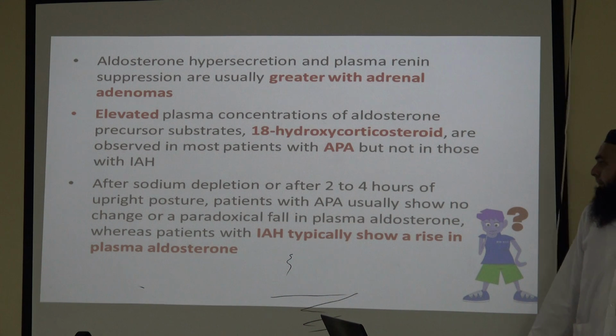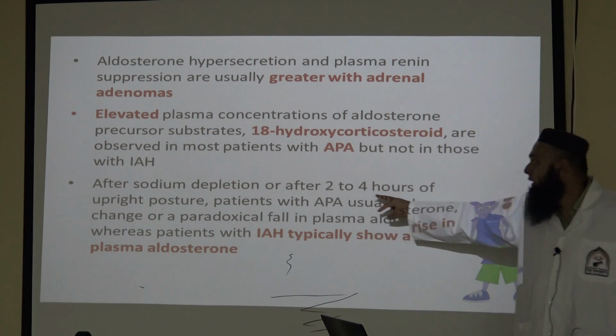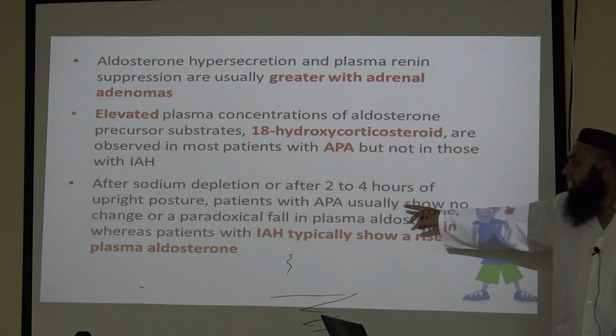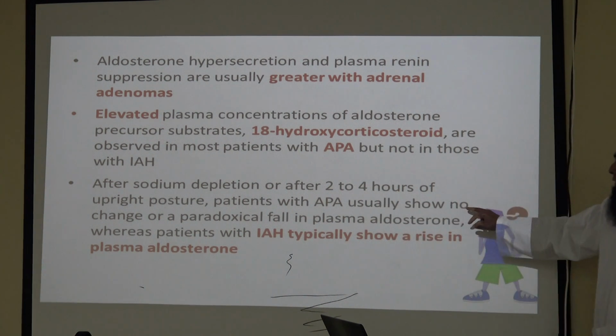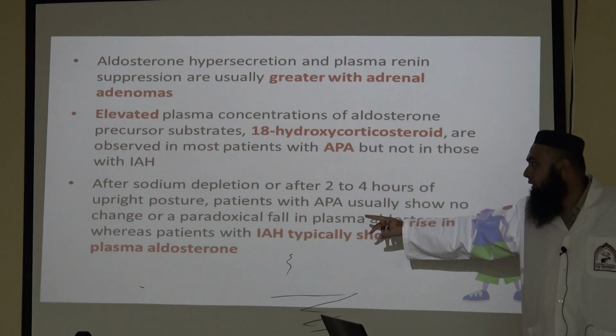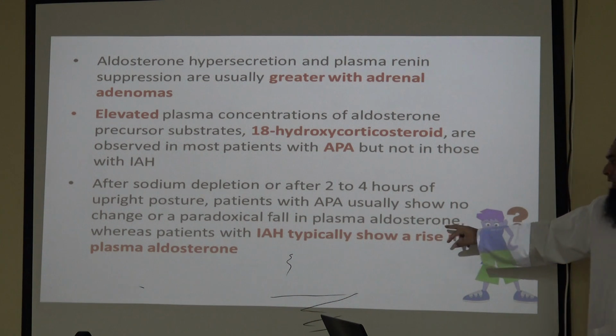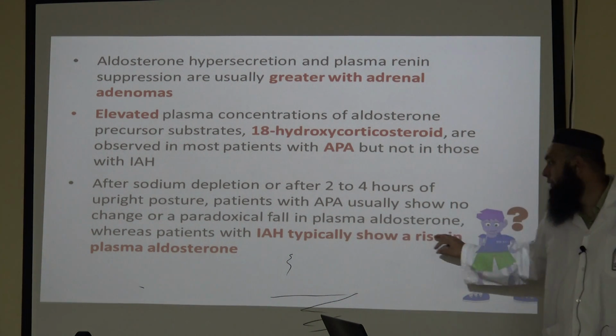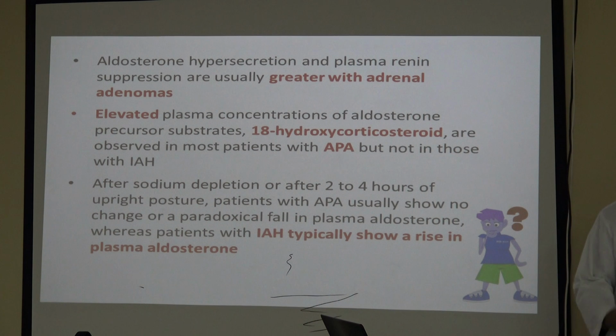And after sodium depletion, patients with adenoma usually show no change or a fall in aldosterone, while hyperplasia shows a rise in aldosterone. So when you deplete a person of sodium, these hyperplasia patients usually show a rise in aldosterone.